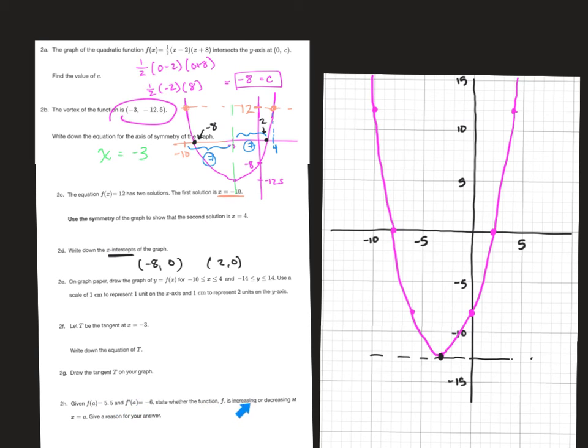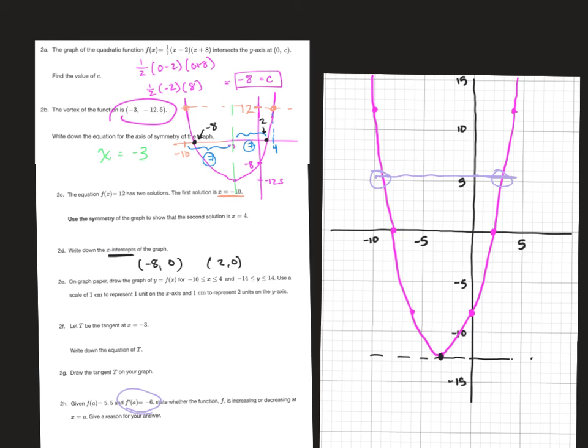And then, given that f of a is 5.5 and f prime of a is -6, state whether the function is increasing or decreasing at x equals a. Okay, well, it says that the function is 5.5 at that point, so anywhere around 5.5 is like right here. So we're looking at either that point or that point. And it's saying that the derivative is -6.